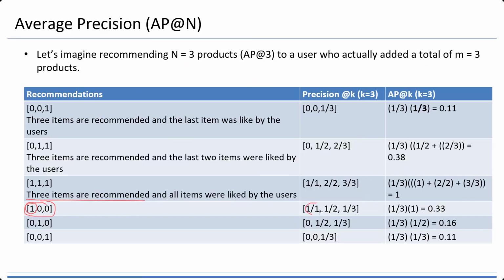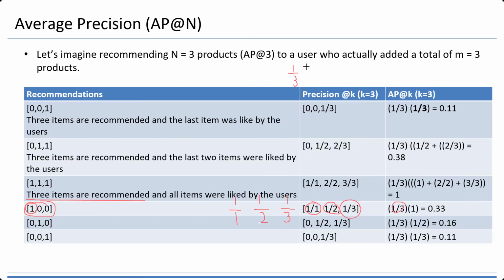At the first item, from 1 recommended item, 1 item was liked. What about the second? Among 2 recommended items, 1 item was liked. What about this one? Among 3 recommended items, 1 item was liked. So we can get 1 divided by 3.